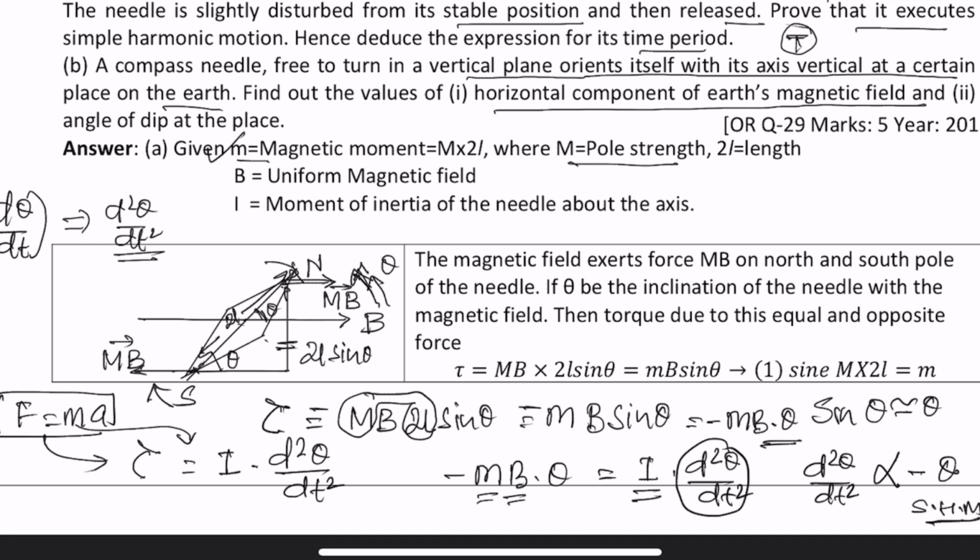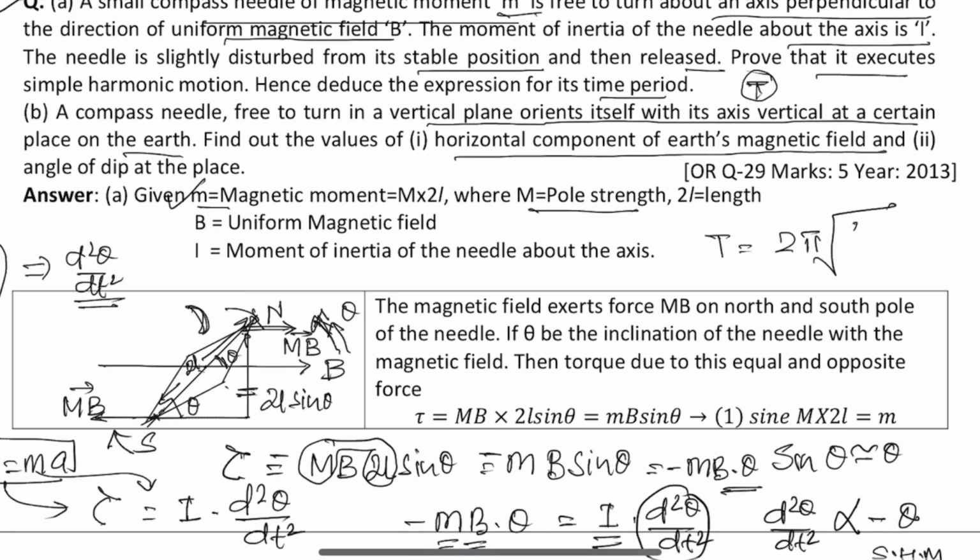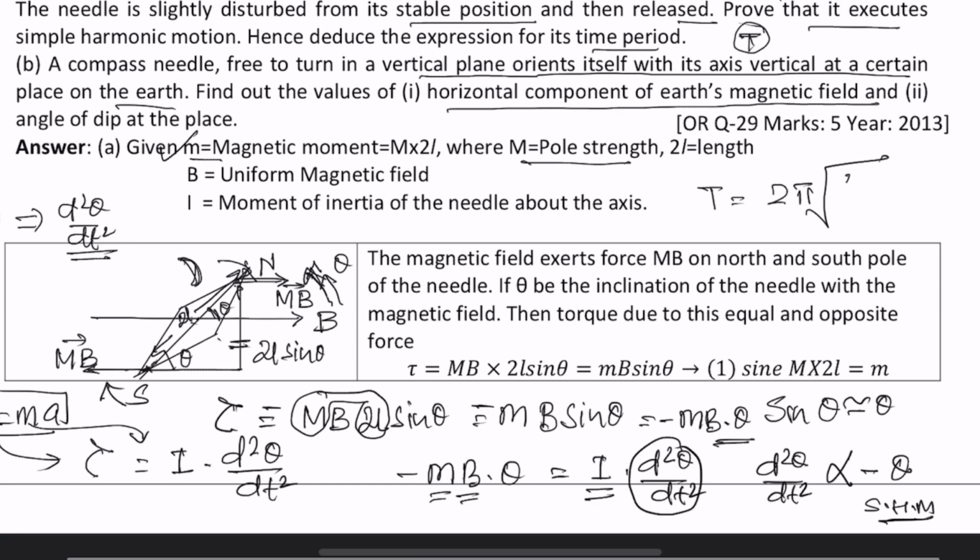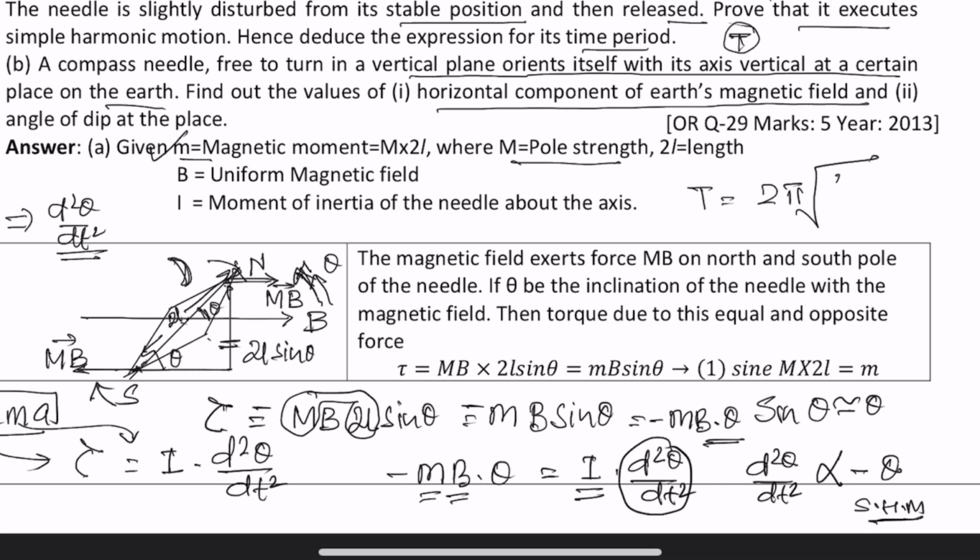So now we have proved that if we displace the needle a little and then leave it, it will execute to and fro simple harmonic motion, correct? And what is the time period of simple harmonic motion? In case of angular motion, the time period is 2 pi root over angular displacement by angular acceleration, correct?